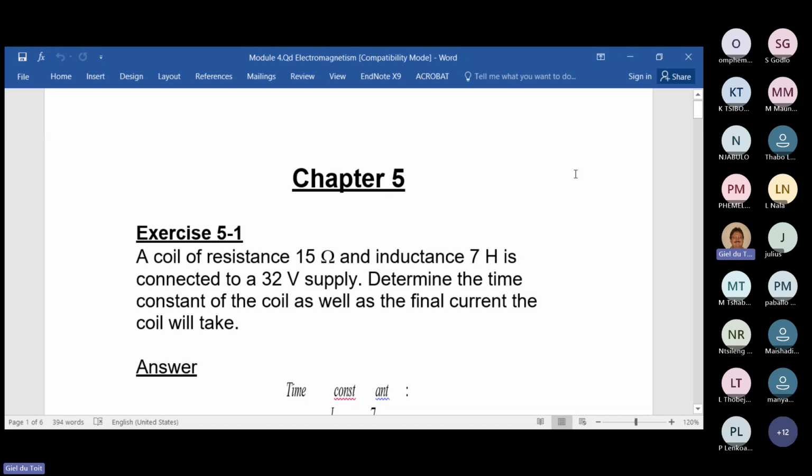A 15 ohm resistance and a 7 Henry inductor are connected on a 32 volt supply. What is the time constant and what is the final current for the circuit? They are in series, right? All of them are in series. So do that and someone tell me when they've got the answer.